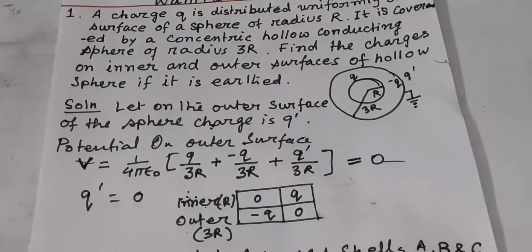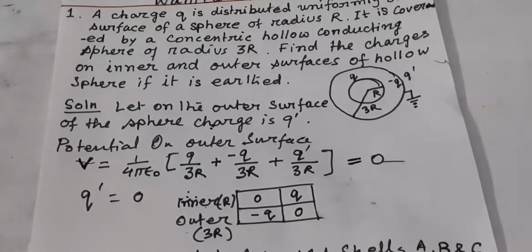Now if we find the potential there, it will be q by thrice R, because the radius is thrice R, plus minus q divided by again thrice R, because it is on the surface, that is the distance, plus unknown charge q dash divided by thrice R will give 0.